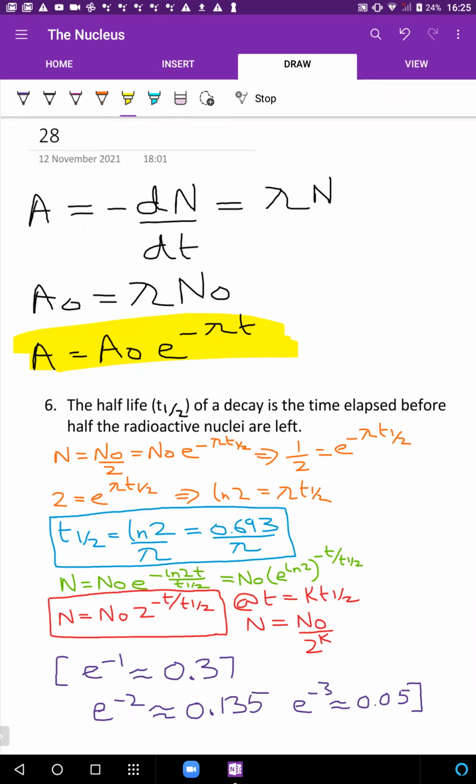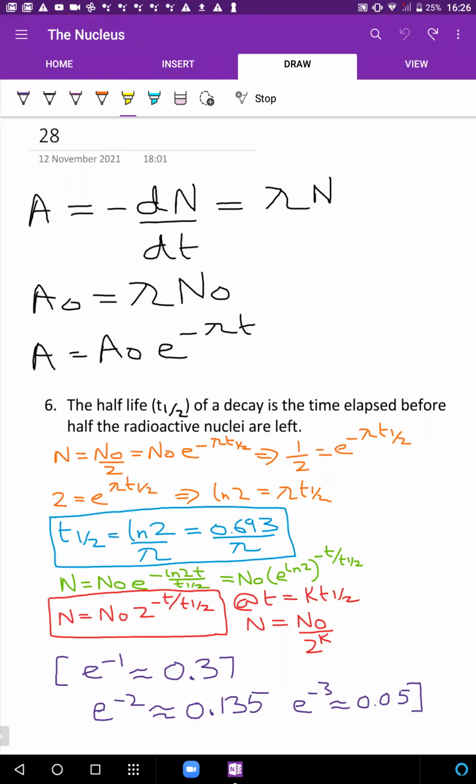Multiply both sides by lambda, so lambda N becomes A and lambda N naught becomes A naught. So you get current activity is initial activity into e to the power minus lambda t. So again, be aware of that term. It's just lambda times the number of nuclei.